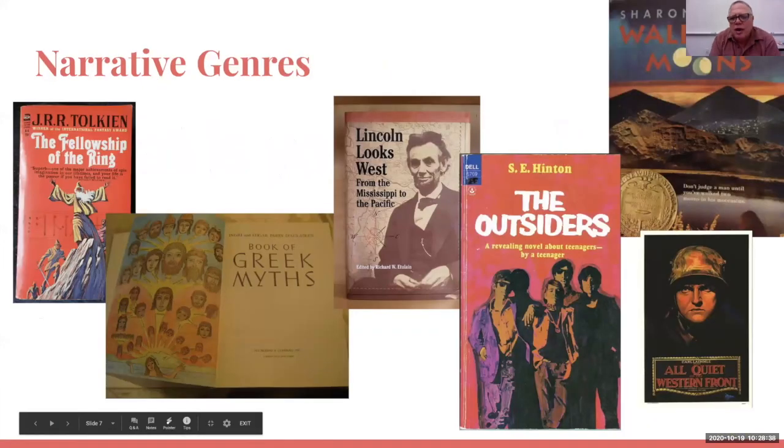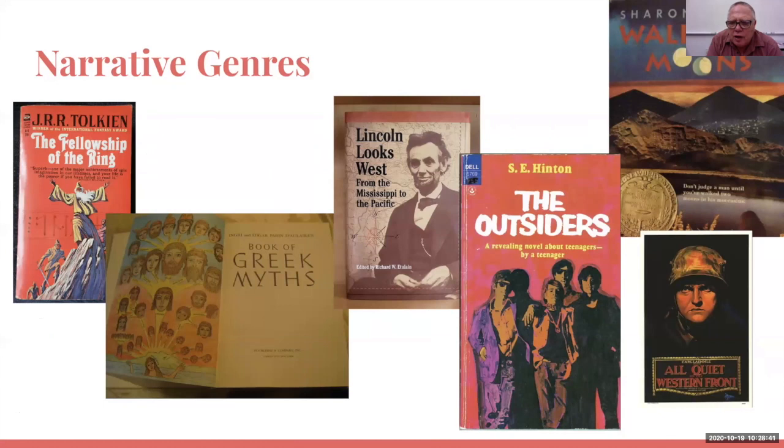So, when we talk about narrative, we often think of it as one big group of books, but in actuality, it's broken down into many different types of books. Sometimes we associate narrative with fiction, which is books that are written with imaginary characters having imaginary goals, and facing imaginary problems.